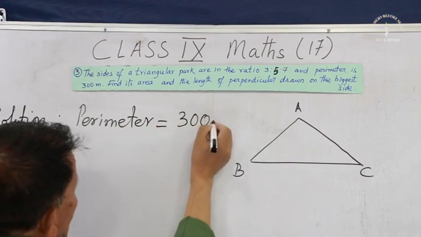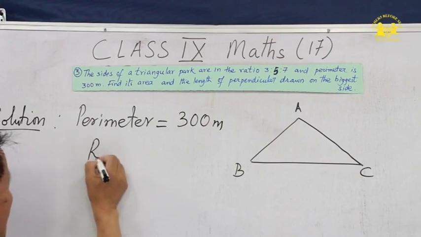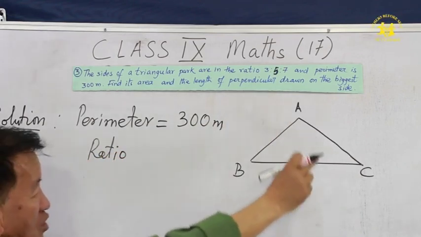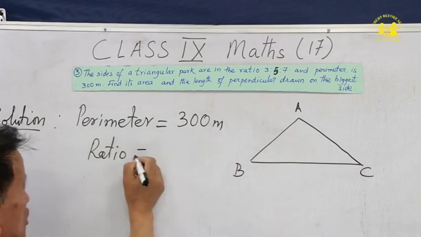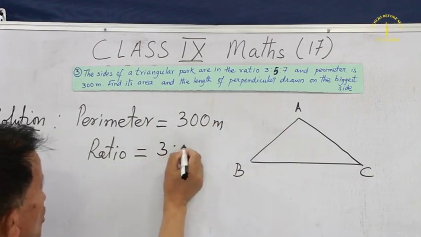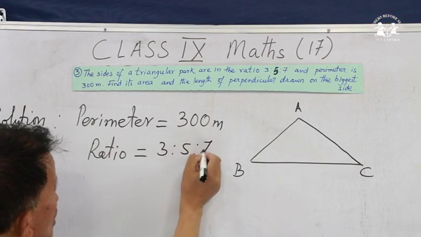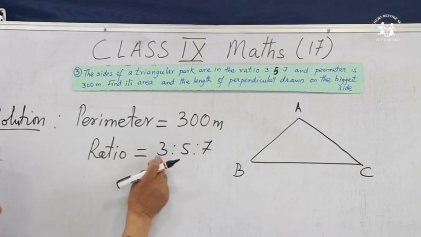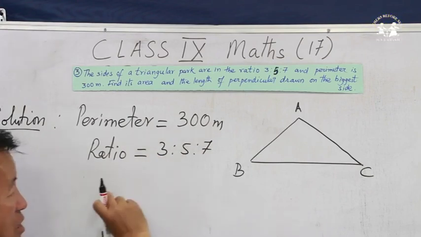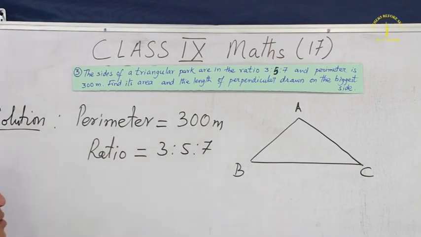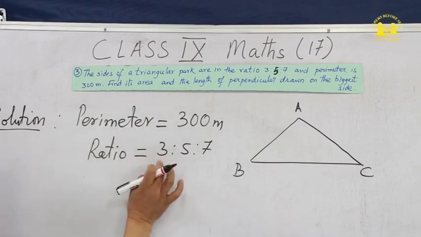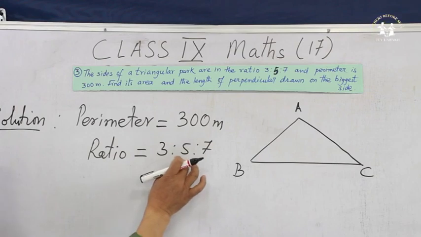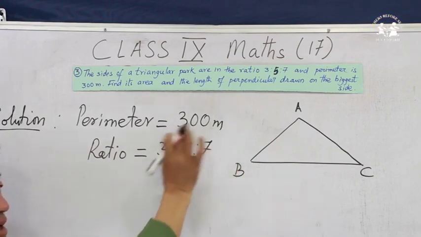It's 300 meter, and the ratio of all the sides is 3:5:7. So that means we add 3 plus 5 plus 7, which is 15 parts. The smallest side has 3 parts, the middle one 5 parts, the biggest one 7 parts.